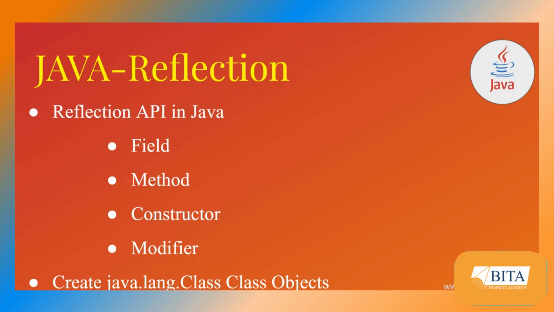Next is forName, which takes the name of the class as an argument and returns the class object. The third one is the getClass method. It is used on an object of the class to get the Java class object.